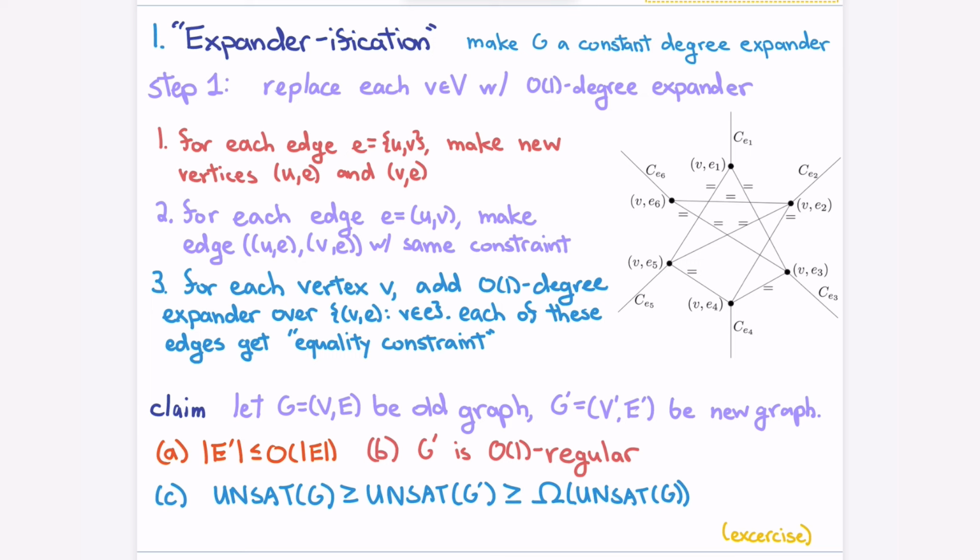You lose a little bit because of the expander equality constraints. But you do have a few more degrees of freedom. So unsat goes down a little bit, but it's only going to go down by a constant. And this constant will require the fact that the expander is well connected. So it's laid out as an exercise in the notes.